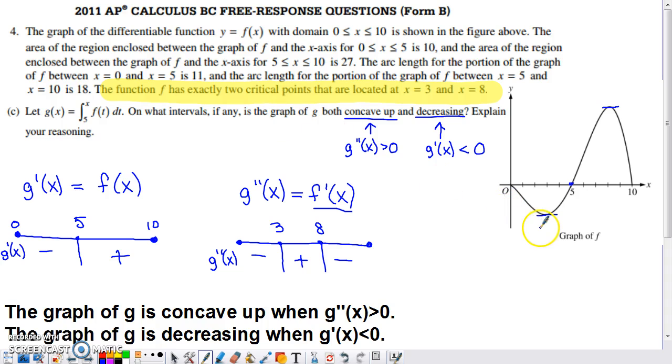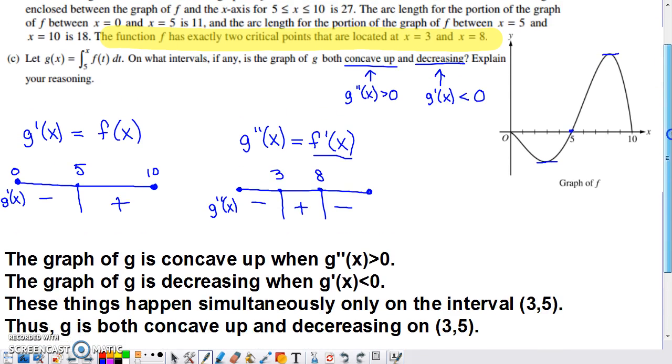In this case, based on the graph of f, it seems pretty safe to say that the derivative is 0 on f at the x of 3, and the derivative is 0 on the graph of f at the x of 8. So we don't have vertical tangents or cusps at these critical numbers 3 and 8. We definitely see horizontal tangents at them. We just kind of went through the progression of the sign of the derivative: negative slope, positive slope, negative slope. So there's the progression of signs for g double prime, which is equivalent to f prime.